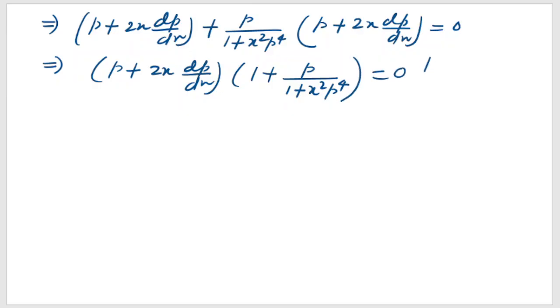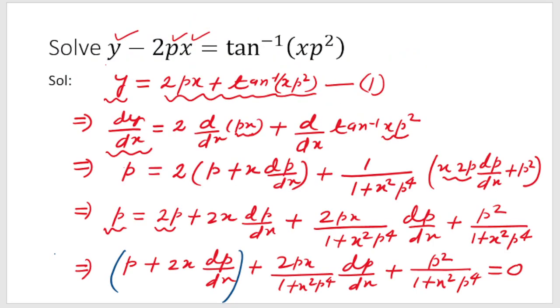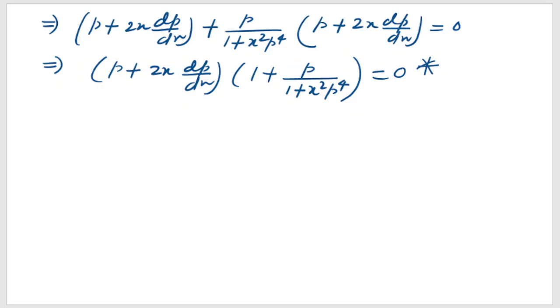Now this is a very important step. Let me explain the process once again, because if you understand this, you will be able to solve all kinds of problems. So what is my approach? First we solved the equation for y, and then I differentiated y with respect to x and replaced dy by dx by p, and then I did some simplification, and after that I got to this step.